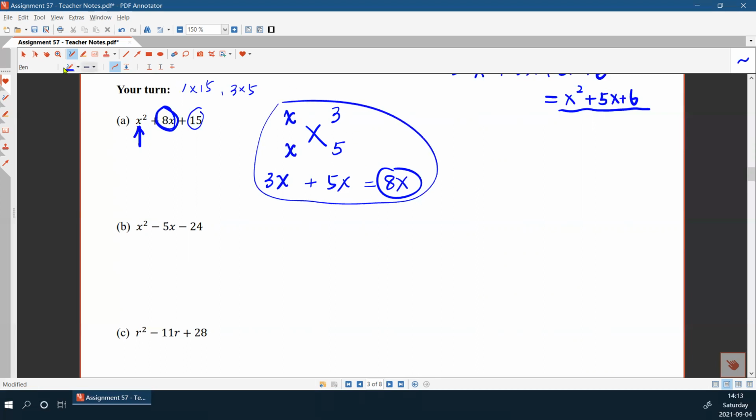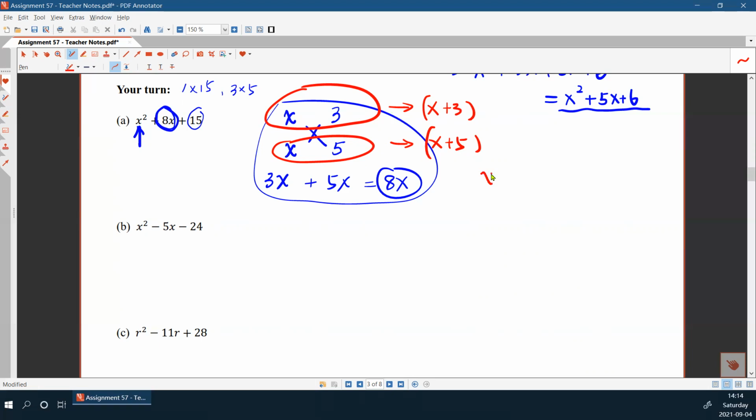So the first factor would be x plus 3, and the next factor is x plus 5, right? So the original expression can be factored into x plus 3 times x plus 5, right?